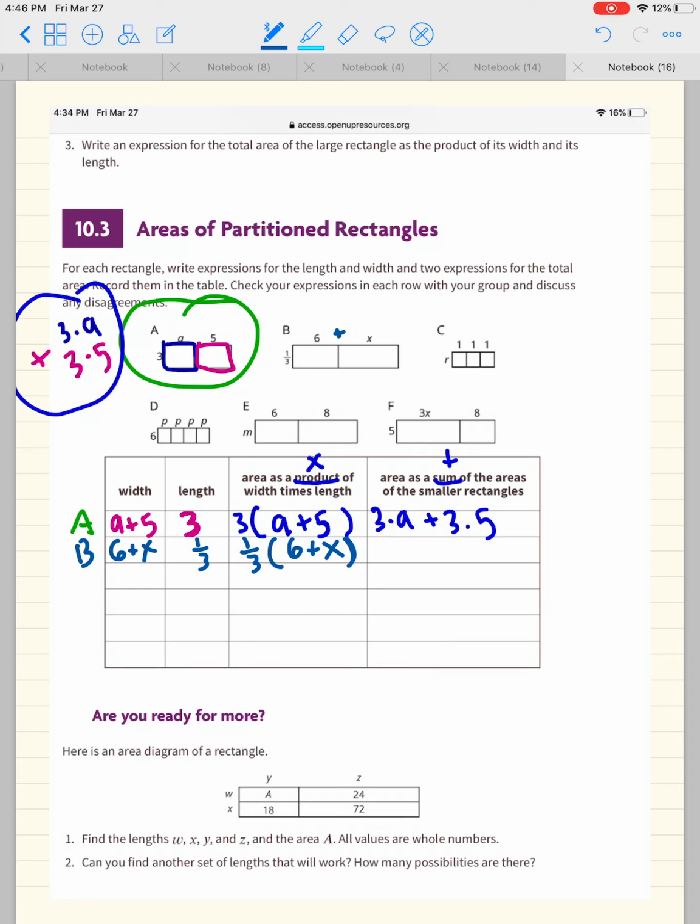And I'm doing the one with the addition in the parentheses, okay? And then area as the sum of the areas of the smaller rectangles. So in order to solve this small rectangle and this small rectangle, we have to do 6 times 1/3 and 6 times x. So that's going to be 6 times 1/3 plus 6 times x.